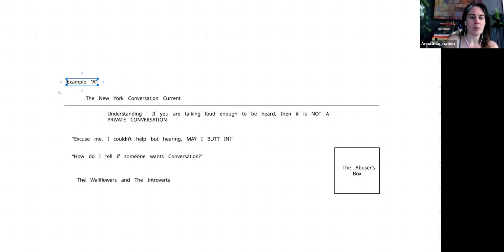Then you have example B and example C, the two people inside the abuser's box. And then you have example D. Example D are the people who escaped the abuser's box, and they are trying to become an example A, but they don't know how.